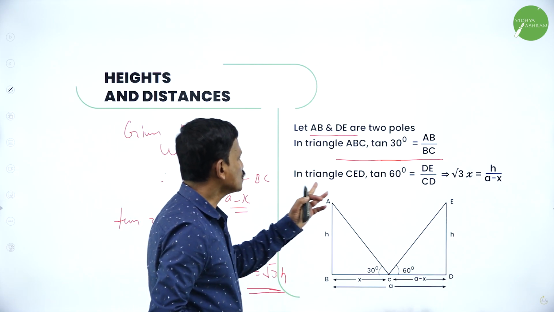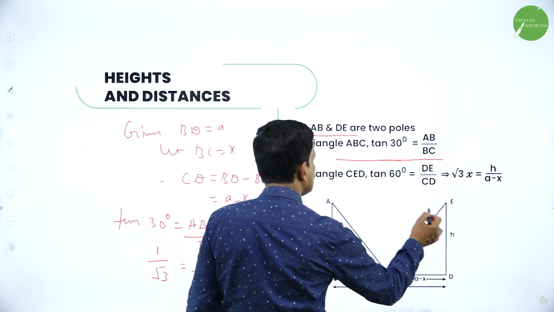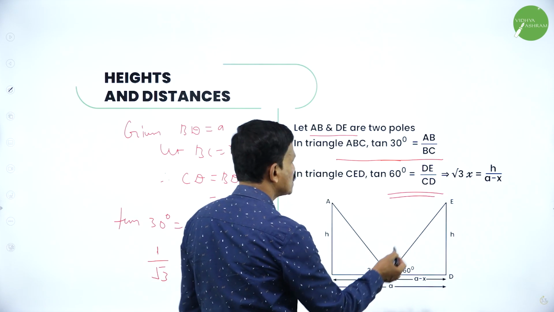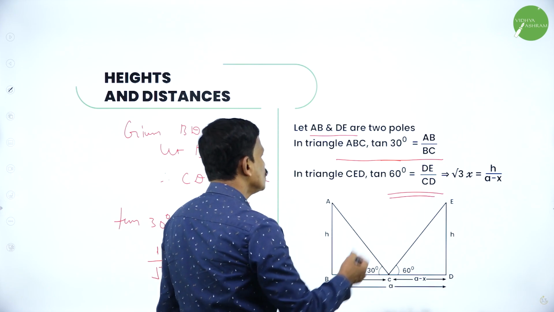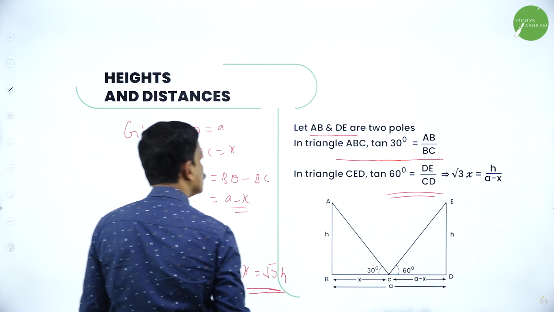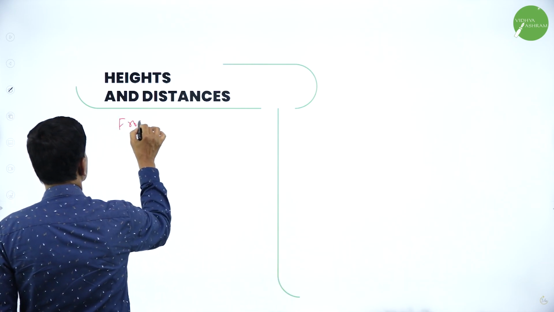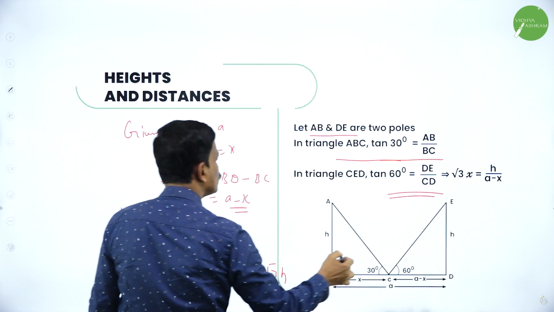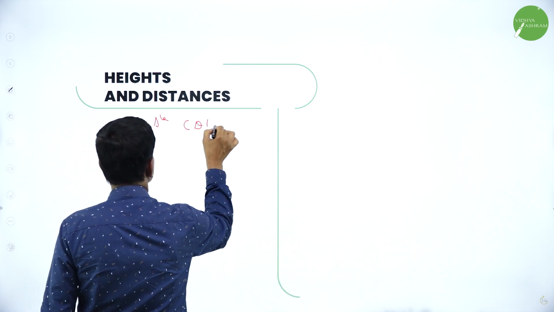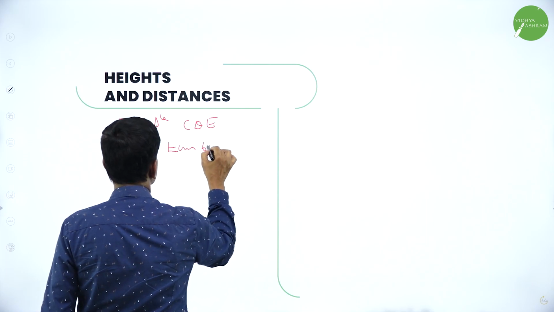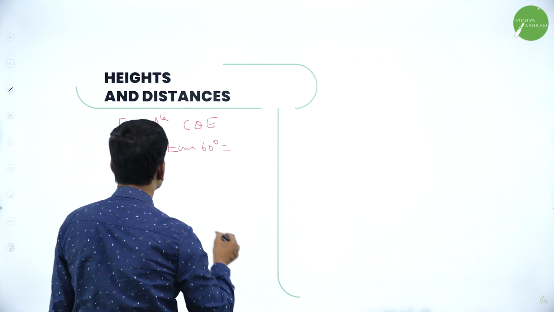Okay. So from triangle CDE, tan 60 is equal to ED divided by CD.